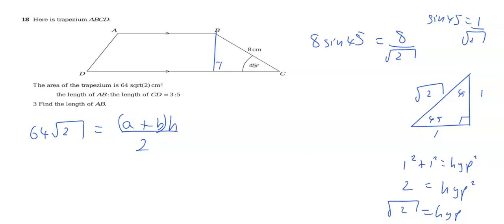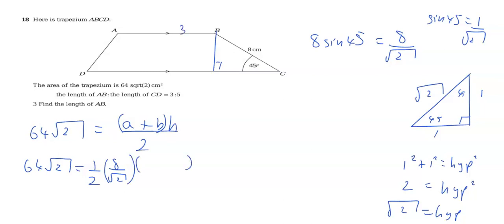Now it says the length of AB and the length of CD, in proportion to each other, are 3 to 5. So what I can do here is to say 64 root 2 is equal to a half, that I'm getting rid of there, okay, times h, which is 8 over root 2, times a plus b.